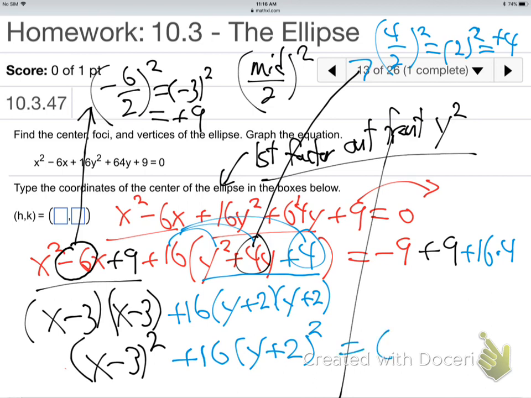So the right side is 64, because these 9s cancel. Everybody see that? That's pretty tricky. That's not easy to do. So I'm going to go to a fresh screen. You got that copied down? That good? x minus 3 squared there.